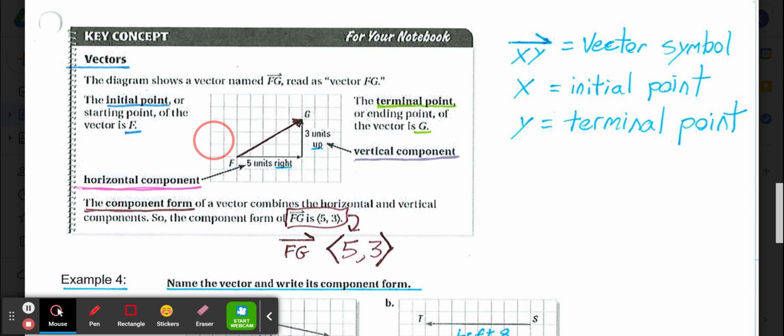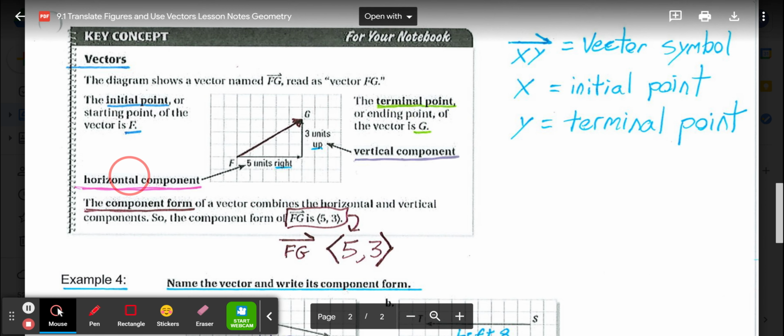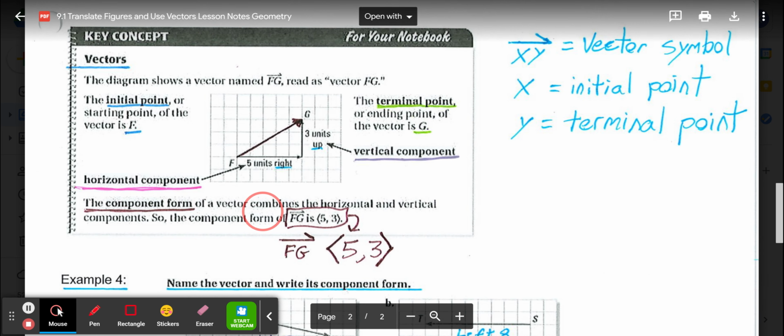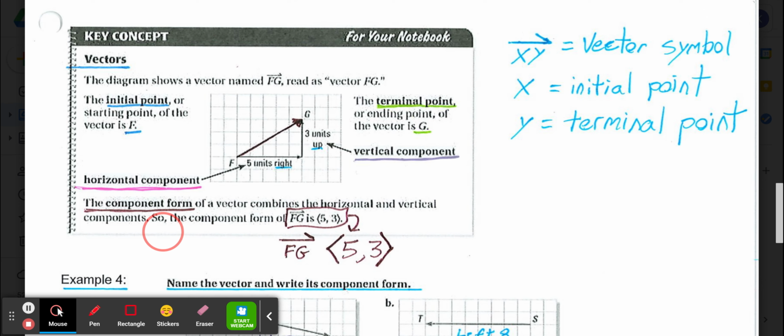Vectors always have two components. One is the horizontal component, meaning how far left or right it is going from the initial point to the terminal. So in this case, from F to G, it was 5 units right. The vertical component is how high up or down we move on the coordinate plane. So from F to G, it was 3 units up. So then what we use for vector notation is component form, combining the horizontal and vertical components.